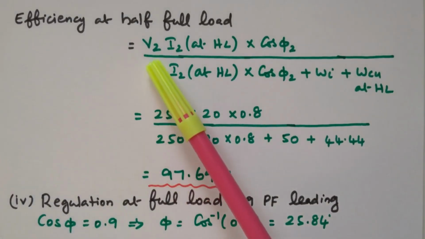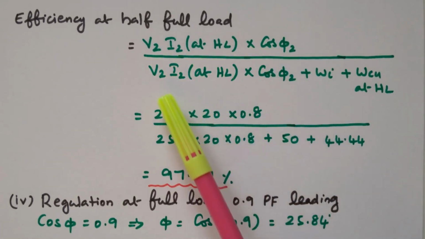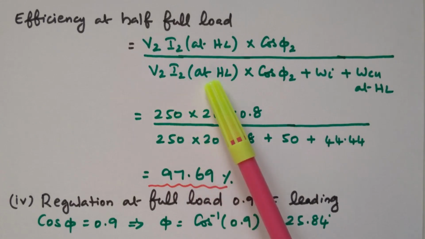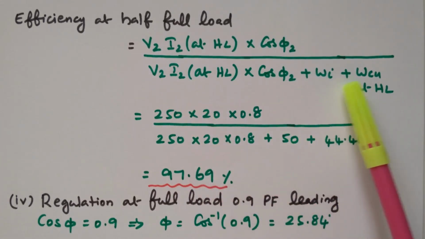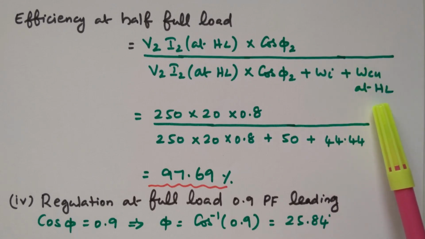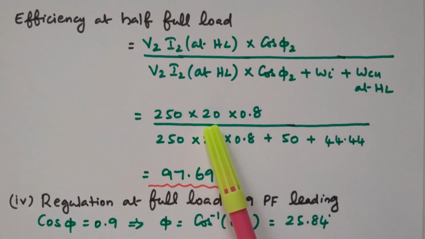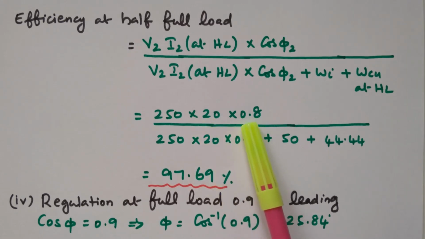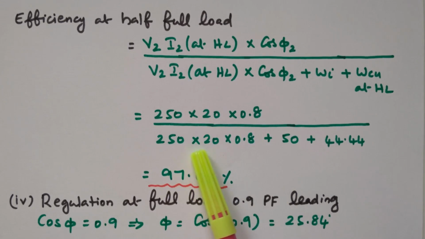Efficiency equals V2 I2 at the half load into cos phi 2, divided by V2 I2 at the half load into cos phi 2 plus iron loss Wi plus copper loss at the half load, which we also calculated. So 250 into 20. The full load current is 40, the half load current is 20, 40 divided by 2, 20 into 0.8. The power factor is given as 0.8, divided by 250 into 20 into 0.8 plus this iron loss.